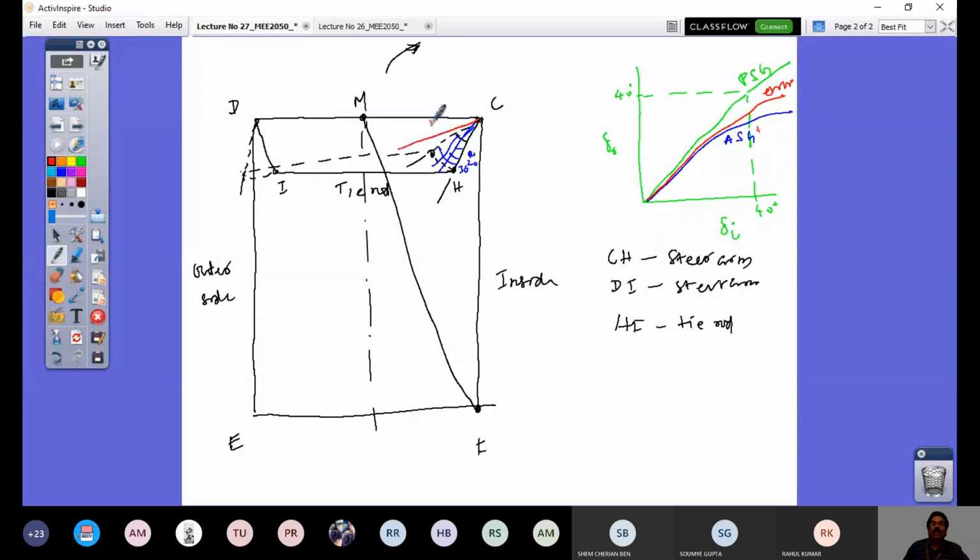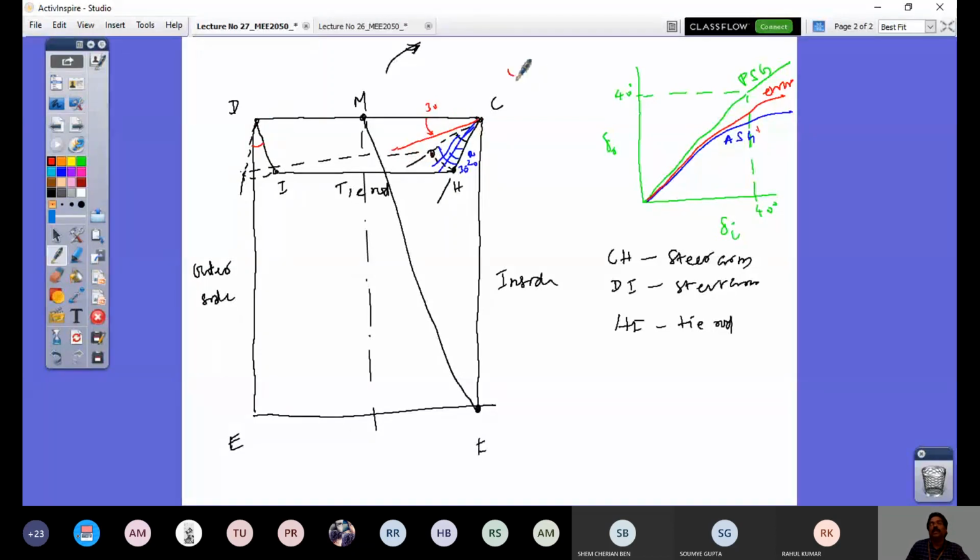I have produced this line. Then again from here, I measure the corresponding angle, because this is going to be greater than this. That's what the Ackermann steering geometry that we have seen says.